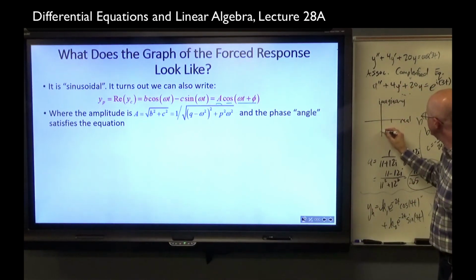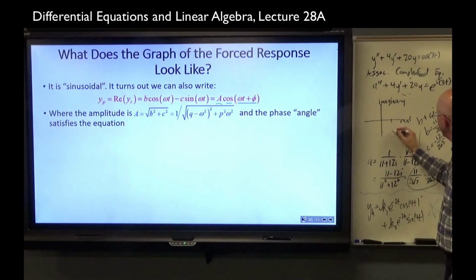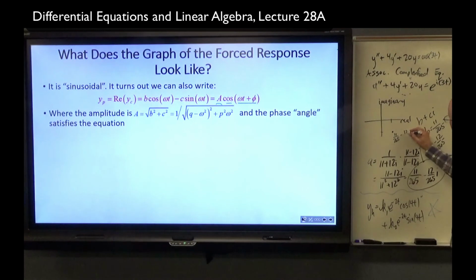But if I've zoomed in far enough so that I can distinguish it from the origin, it might be right about there. Its real part in absolute value is smaller than its imaginary part, though just barely. This would represent 11 over 265 minus 12 over 265 i.